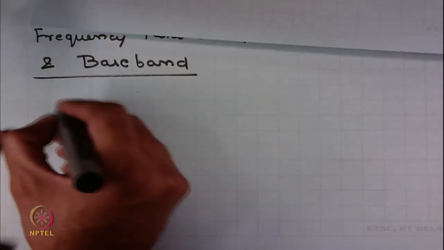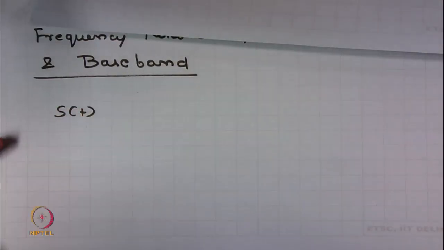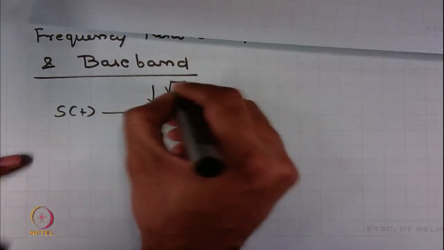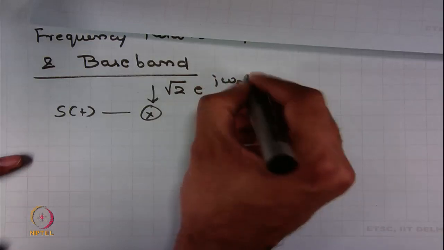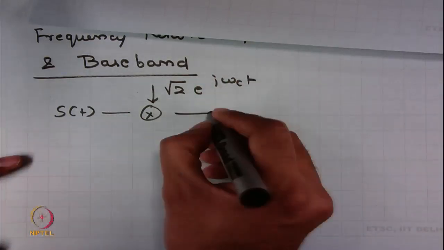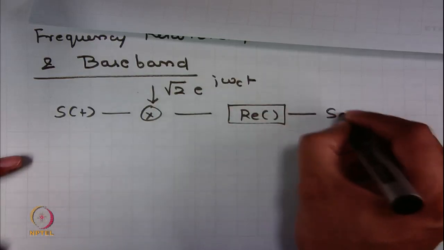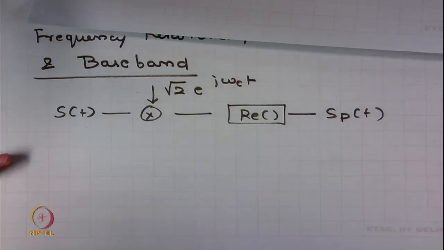So, let me draw one by one again these blocks. So, let us start with s(t), multiply it with root 2 e to the power j omega_c t, take the real part, and what we get is s_p(t), this we know, right.